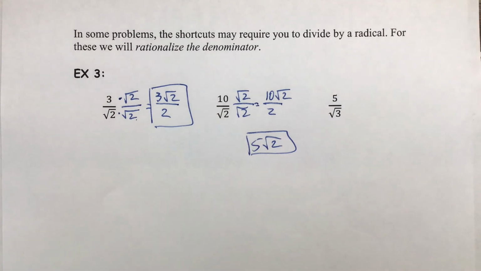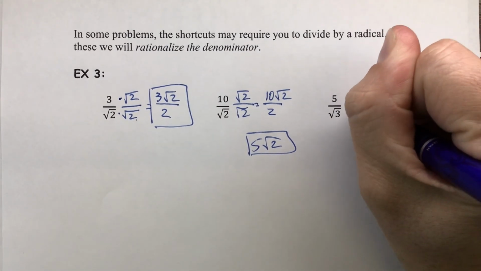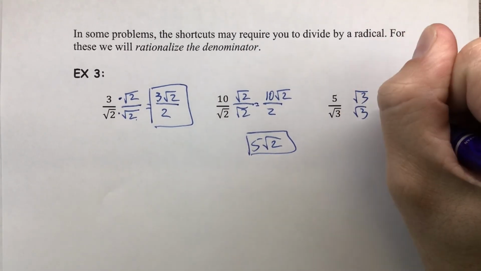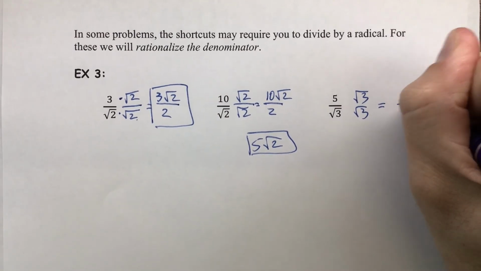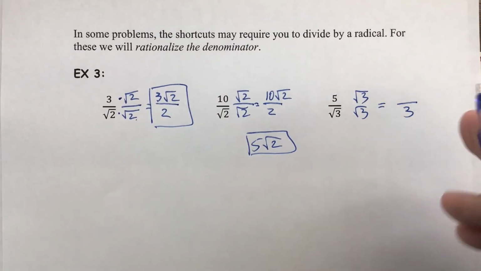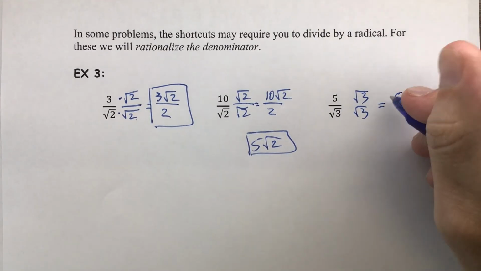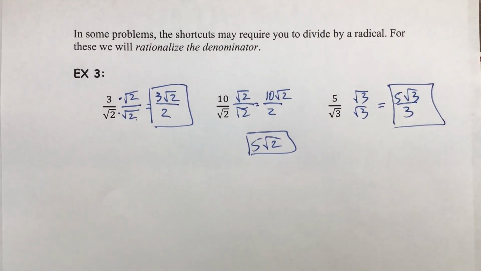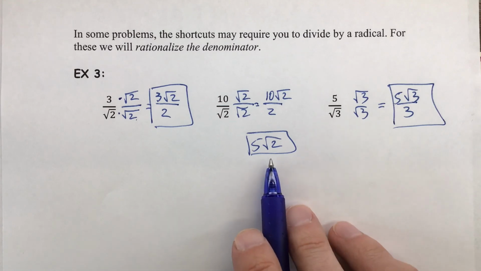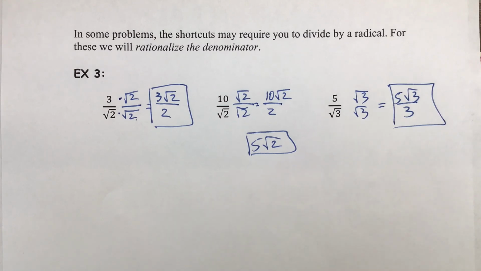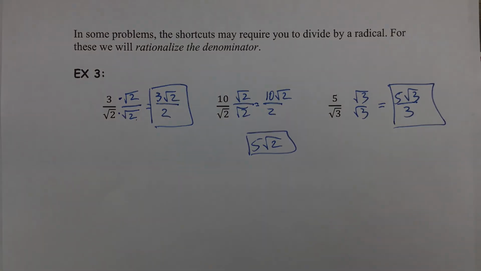All right, for the last, we'll use square root of 3, which will give us a regular 3 on the bottom. Then for the top, you get 5 square root of 3. Does not reduce, so we leave it like that. These might look a little bit worse than what we started with, except for that one. That one looks pretty good. But in the math community, we do not want to have radicals in the denominator, and this is how we can fix it.